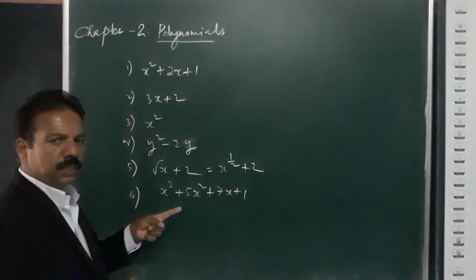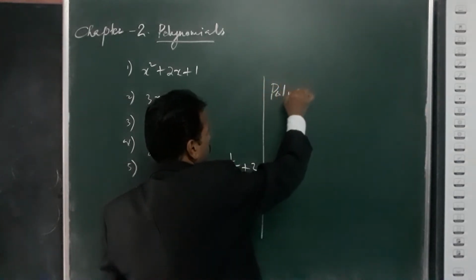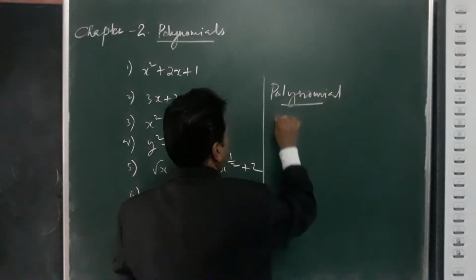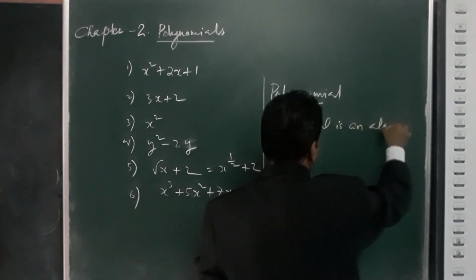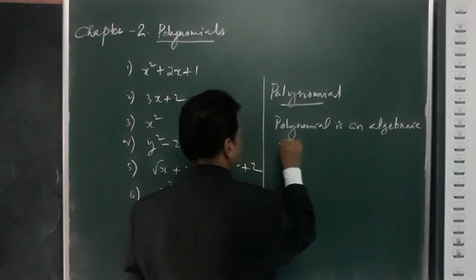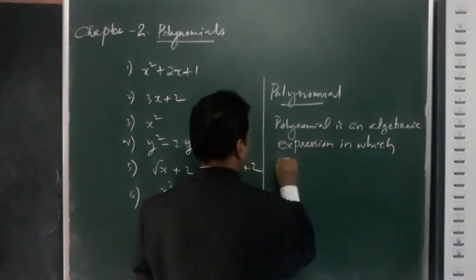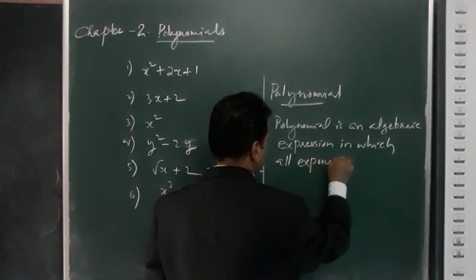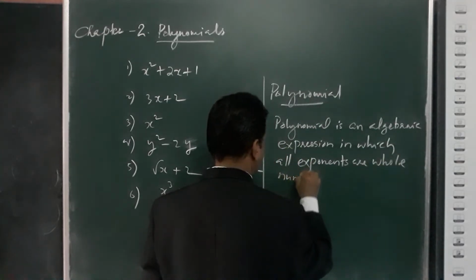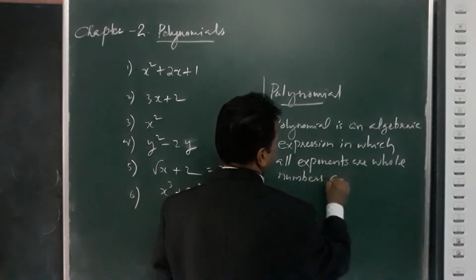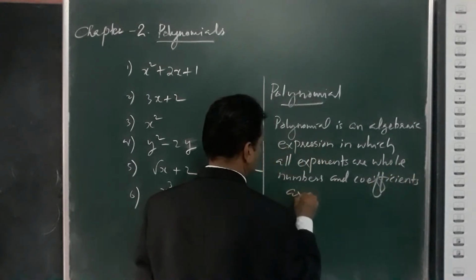But all are not polynomials. A polynomial is an algebraic expression in which all exponents are whole numbers and coefficients are real numbers.